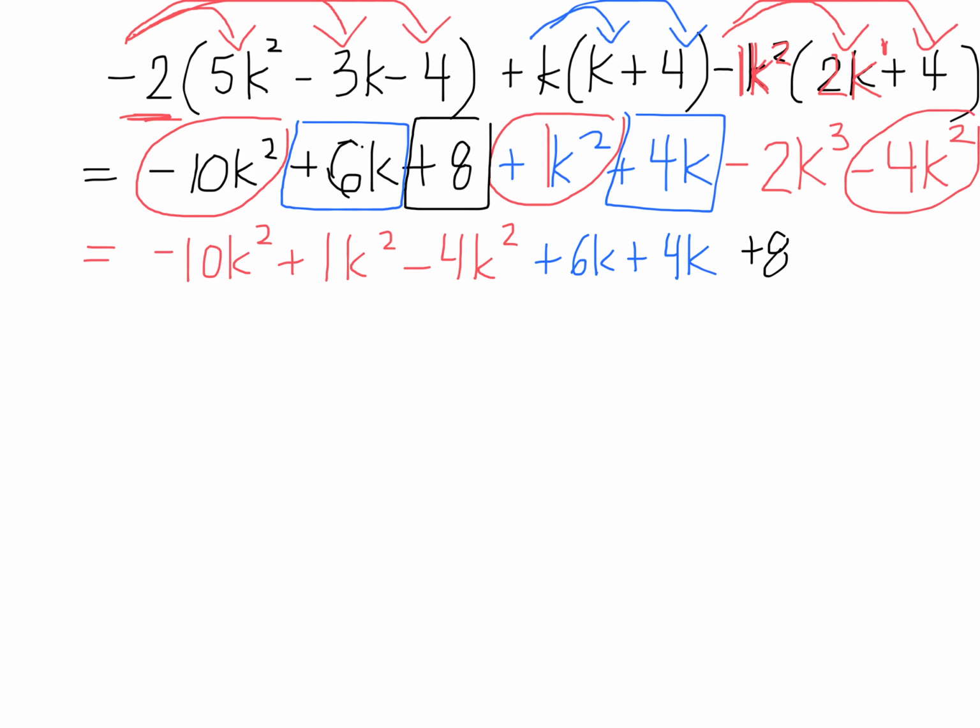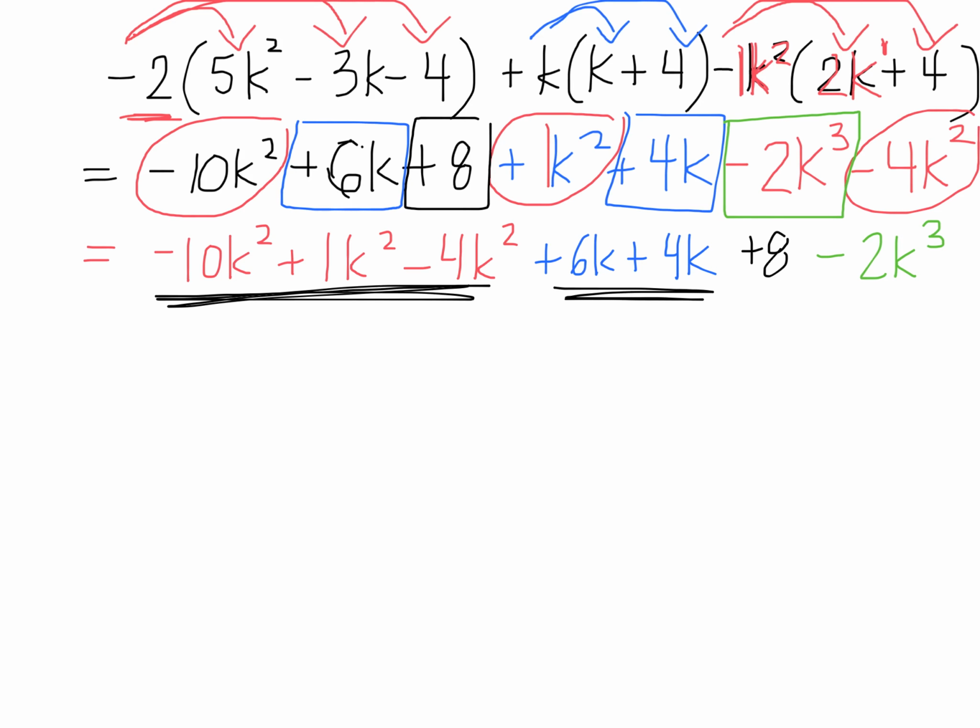Then the only other term we haven't touched on is this negative 2k to the power of 3. Are there any other terms there that have k to the power of 3? No. So this is another lonely guy by himself. So the only thing you can combine, that you can simplify, is this and this.